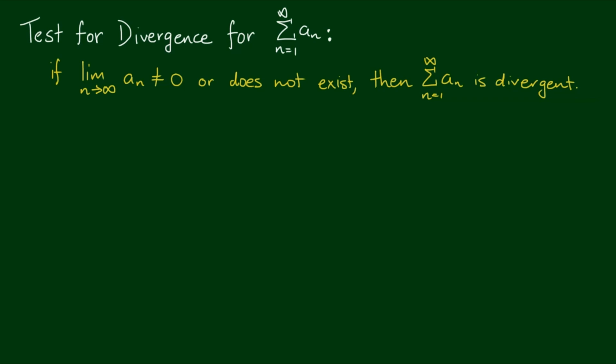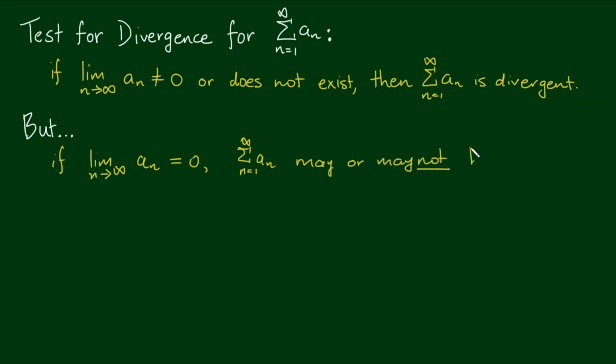So this test confirms if the series is divergent, but, it's a big but, if the limit as n approaches infinity of the term a sub n is equal to 0, then the infinite series may or may not be convergent. So we can't conclude that a series is convergent if the limit of the terms approaches 0.